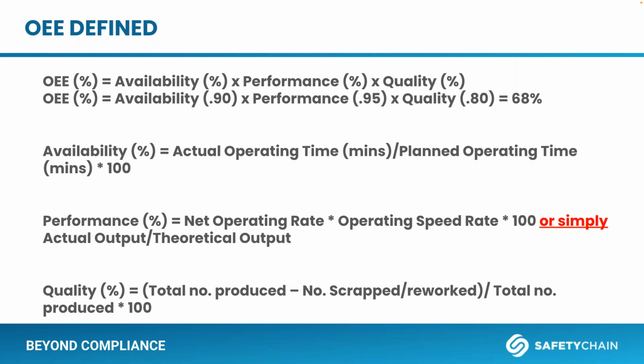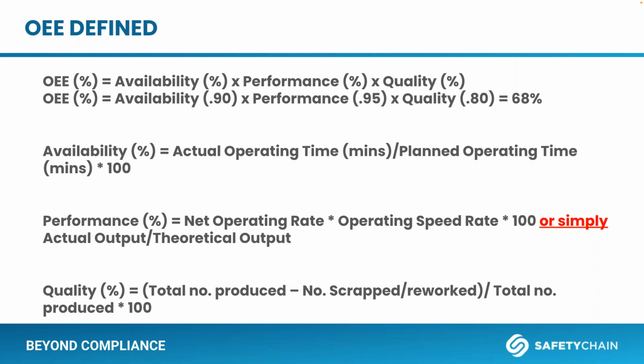The product of 0.9 times 0.95 times 0.8 is 68%. So our OEE would equal 68. So just giving you a calculation and showing the 3 components.